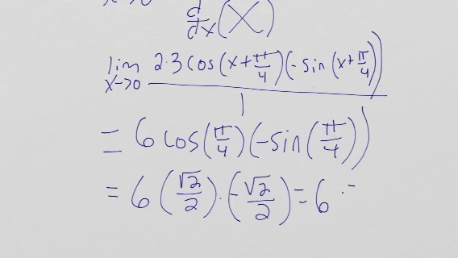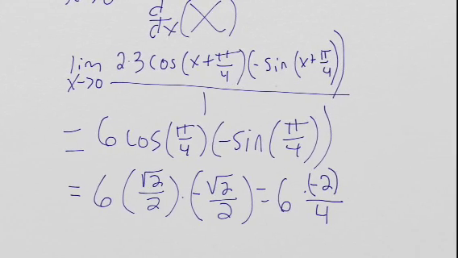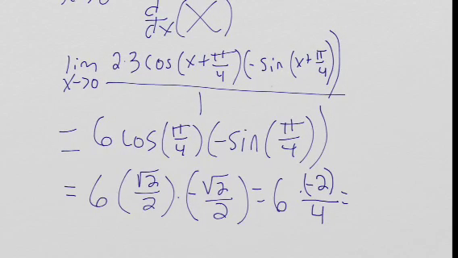So we're going to have a negative 2 on top. And then on bottom, 2 times 2 is 4. So when we multiply this fraction, 6 times negative 2 is negative 12 over 4, which is going to be negative 3. So the final answer to this question is negative 3.